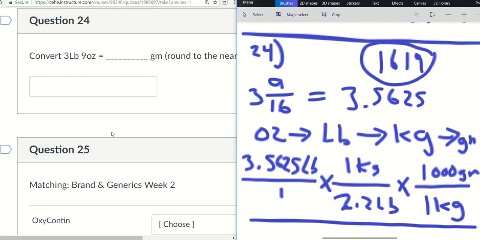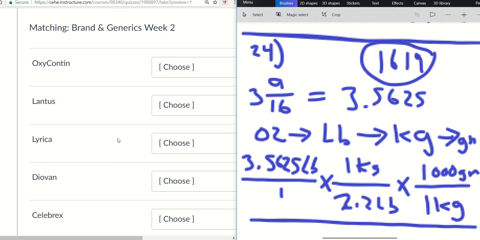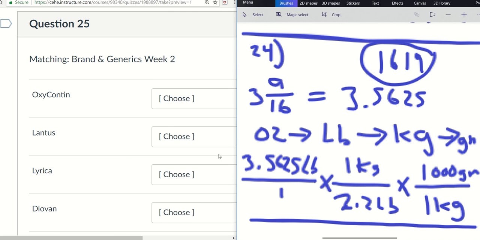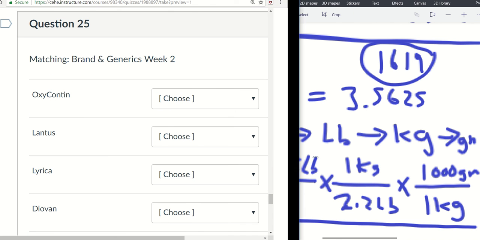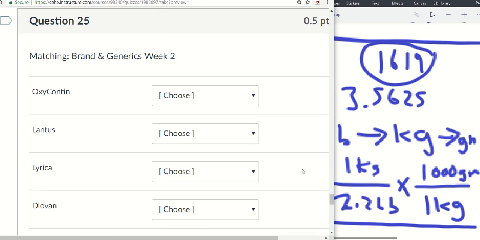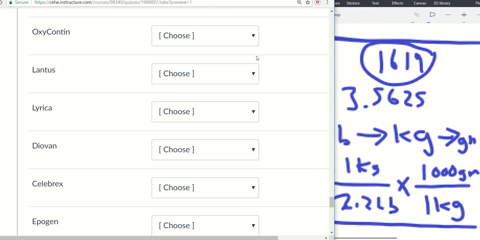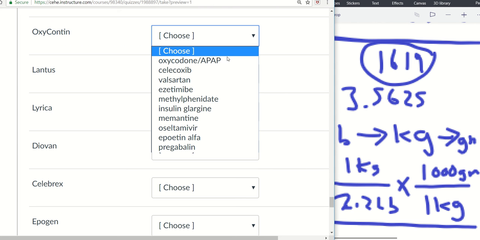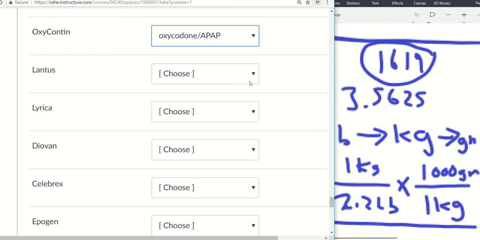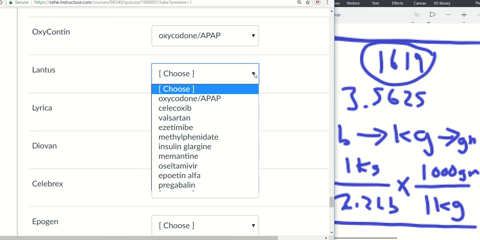Looks pretty good. Let's do these drugs real quick. What is the generic for Oxycontin? What's the only other generic name that has oxy in it? Oxycodone. Lantus. Who uses Lantus? Diabetics. So that's going to be what type of insulin?